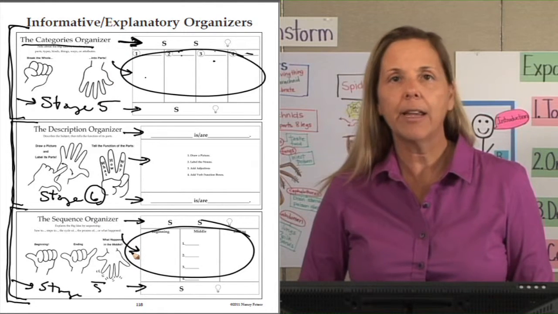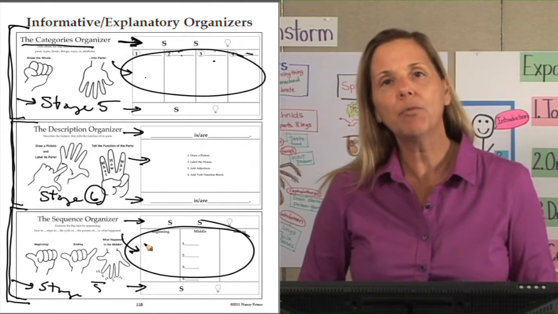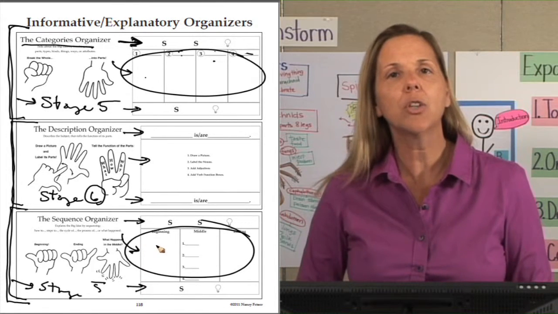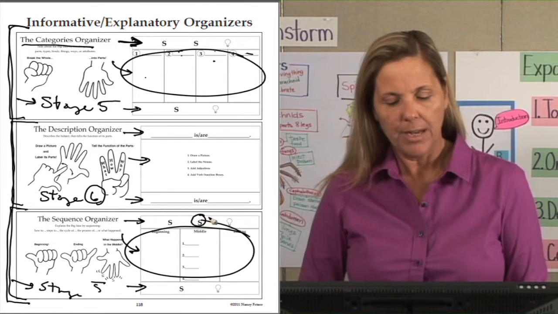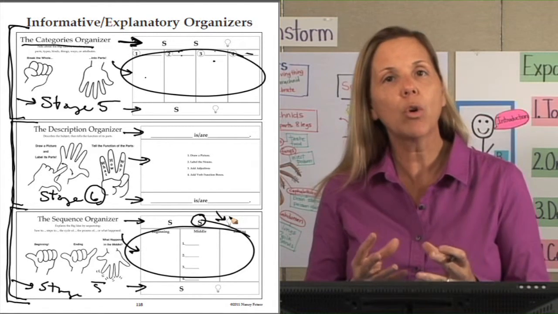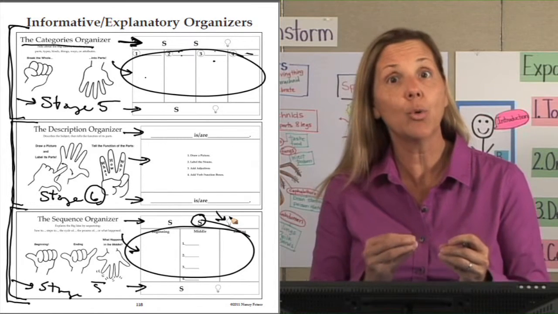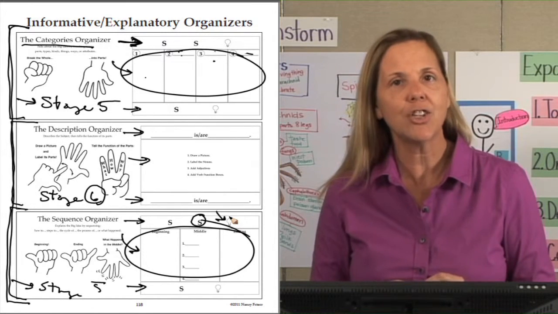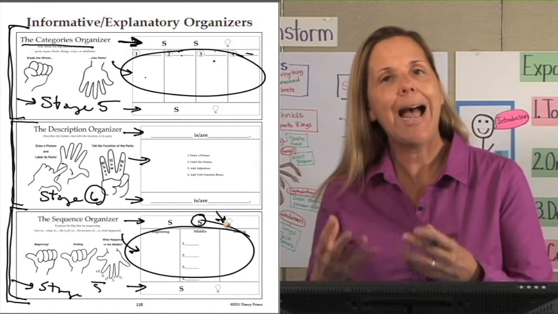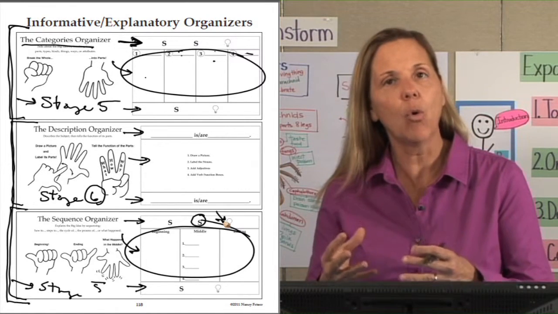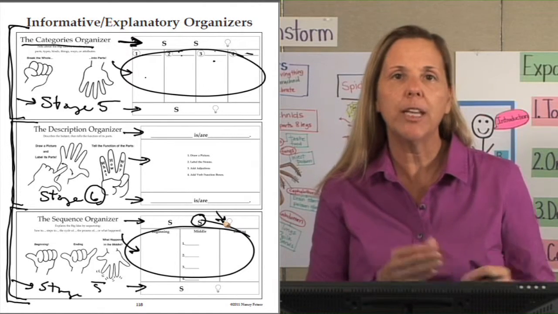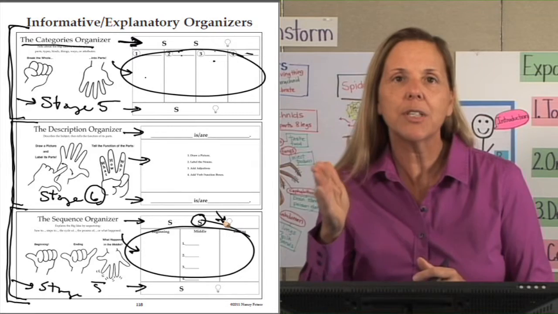Today, we are going to stay in stage 5, but our information is going to be sequenced, because we are going to talk about a spider, and our big idea is how a spider transforms its prey from a solid into a liquid so that it can digest it and eat it. That has to be a sequence, because when I explain how the spider transforms its prey, let's say an insect, from a solid to a liquid, those details have to stay in order.